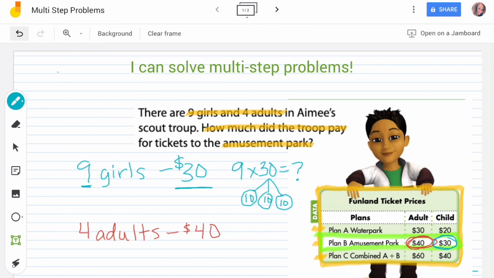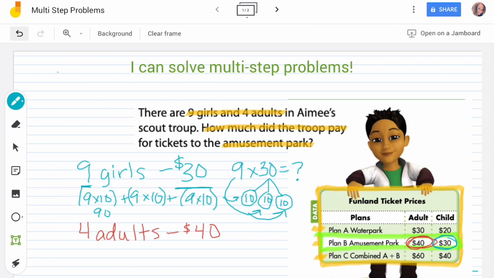That means that I have to multiply this 9 by each of those tens. So I have 9 times 10 plus 9 times 10 plus 9 times 10.